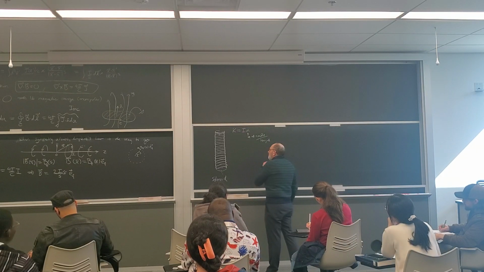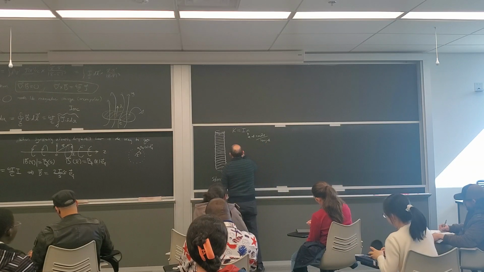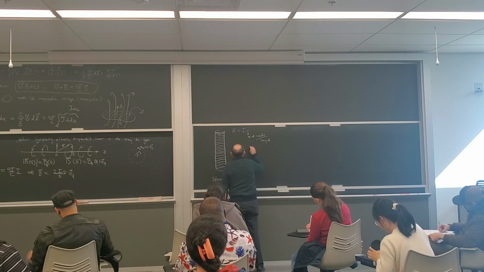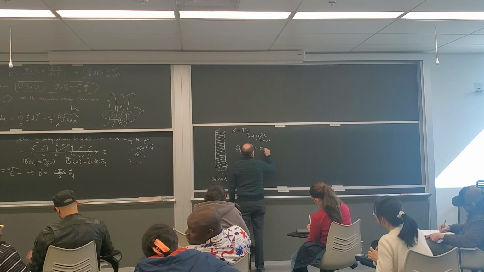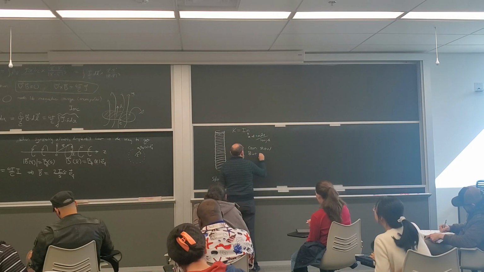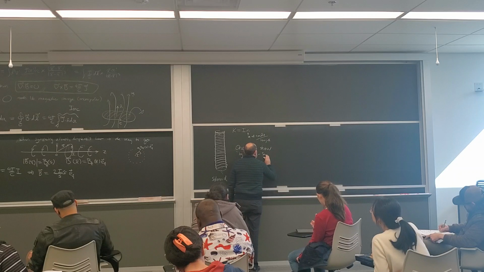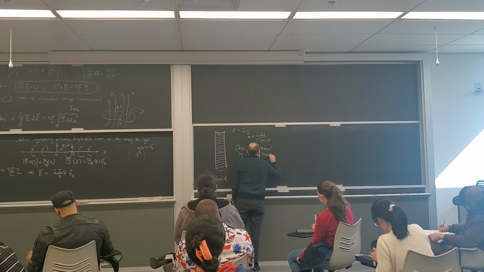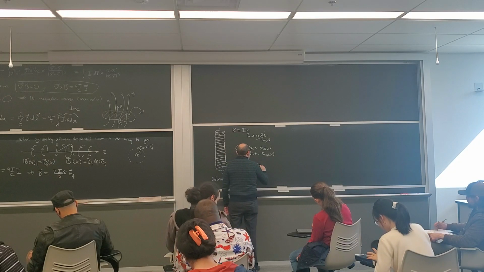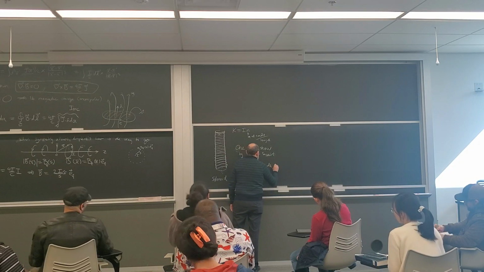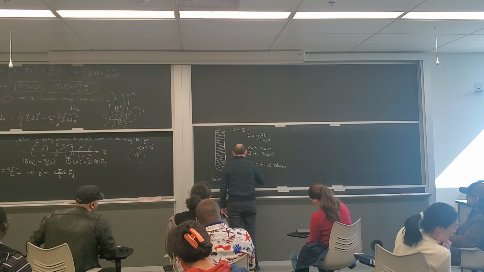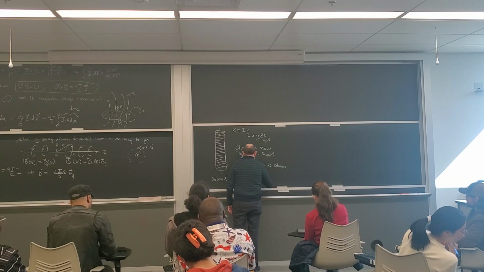But what one can show, and this is shorthand for I'm too lazy to show it, is that B equals 0 outside the solenoid, and it's constant inside.